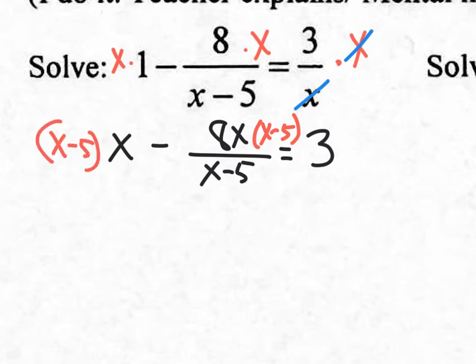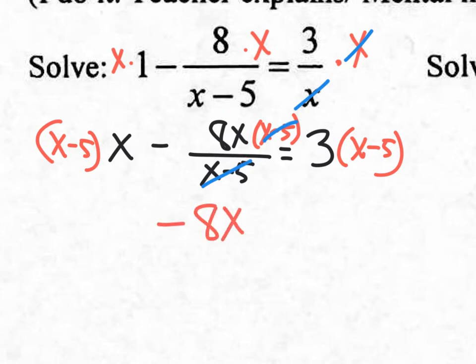This guy over here and this guy over here. What ends up happening when I multiply this fraction by x minus 5 is that the x minus 5 cancels with the x minus 5. And I'm going to bring down what's left over, which is a negative 8x.